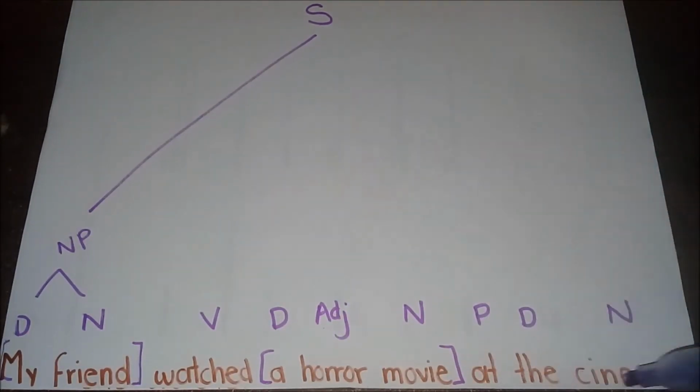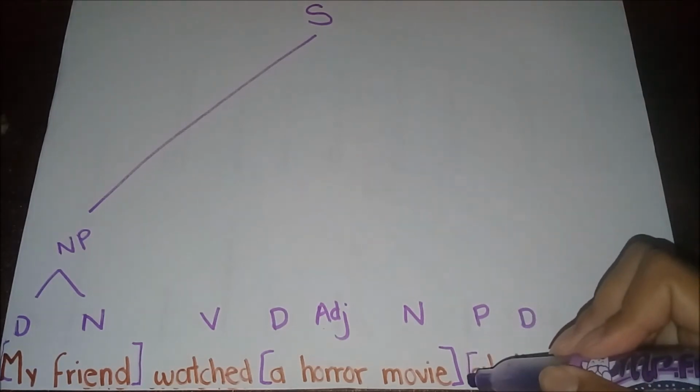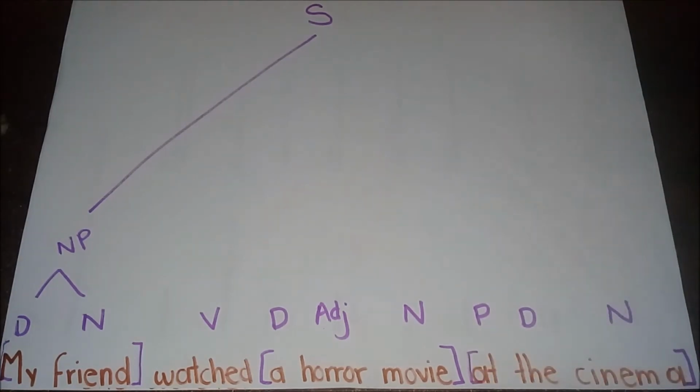But the second part, this one, would be missing, and it would be necessary to use a second echo question. And in this case, it would be your friend watched a horror movie where, and the answer is at the cinema.